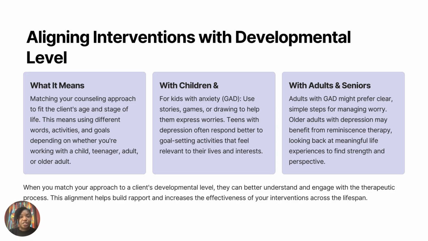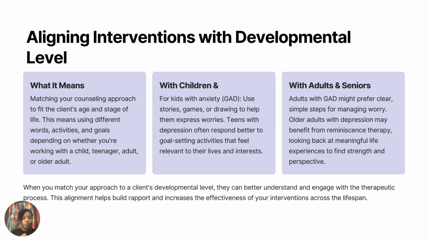So you have to pay attention to their developmental level, and you also have to pay attention to the current stage they are at in their lives. So you have to develop an individualized treatment plan for your client. This is not where you do a one size fits all approach. It doesn't work that way. Different clients have different needs.